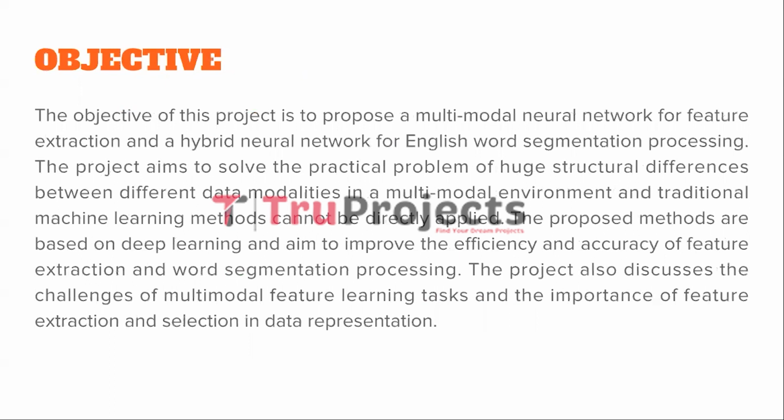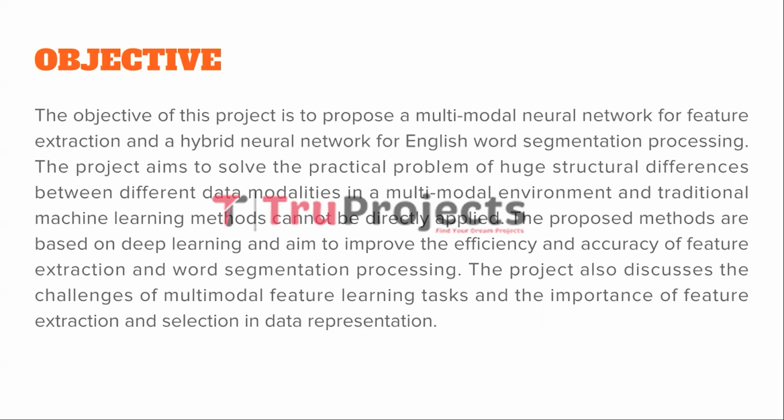The main goal of this project is to introduce a multimodal neural network approach for feature extraction and a hybrid neural network for English word segmentation processing. The objective is to address the challenges posed by the significant structural differences between various data modalities in the multimodal environment, which cannot be effectively tackled using traditional machine learning methods.